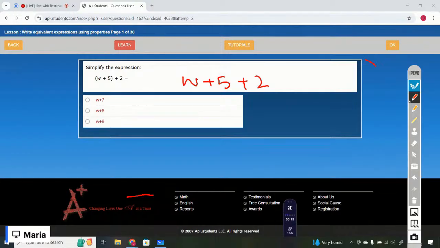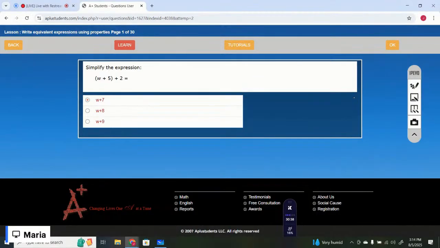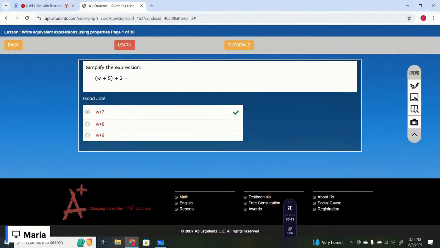Let's just remove the brackets. Now we need to collect the like terms. So we can collect 5 plus 2 makes 7. So option number 1 is the correct option. That is w plus 7.